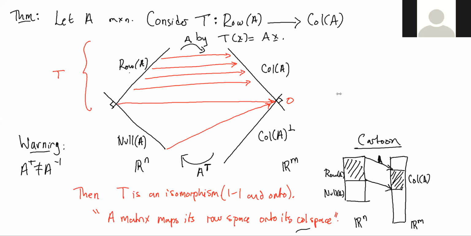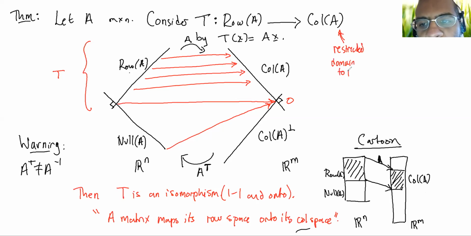Oh, okay, gotcha. So the key thing to pay attention to here is, I'll put it in red: I've restricted the domain to the row space, and I've restricted the codomain to the column space.